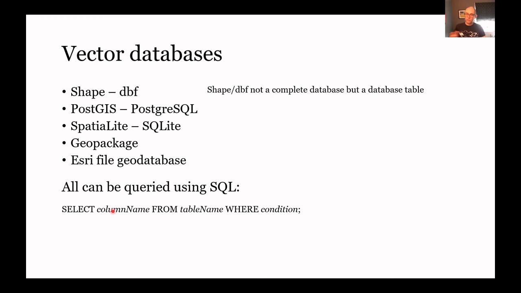Select column name. The column name in our table is the header for a particular column. Generally speaking, in GIS, we can replace the column name with a star, which means all the columns, all the information there is to be had about this particular object. And the table name is the layer that we're working with. And then we have this where and then some sort of condition.